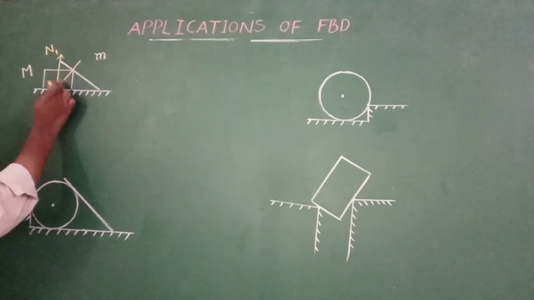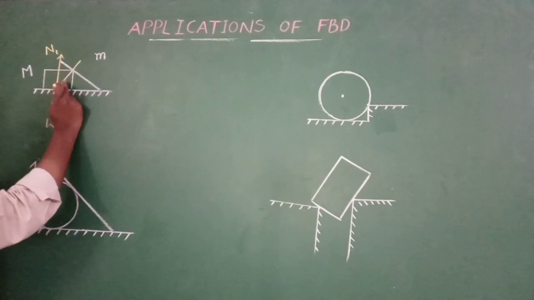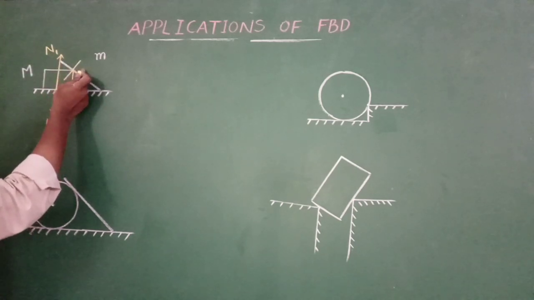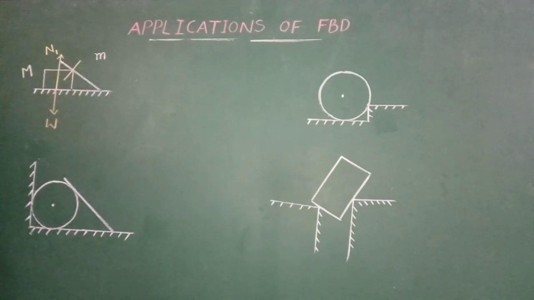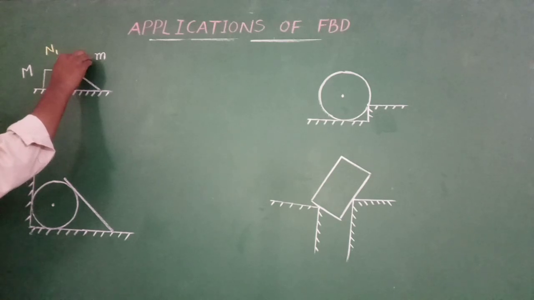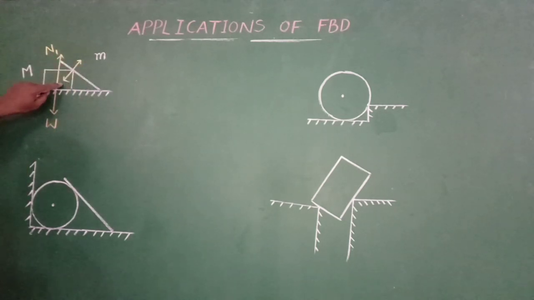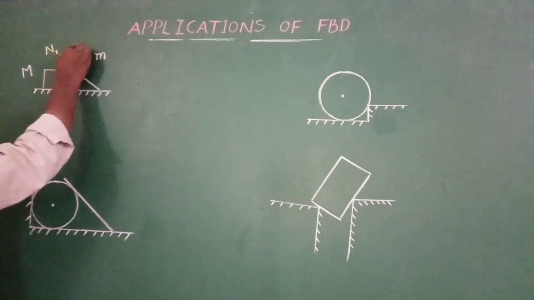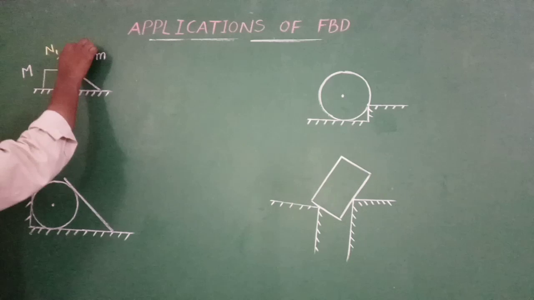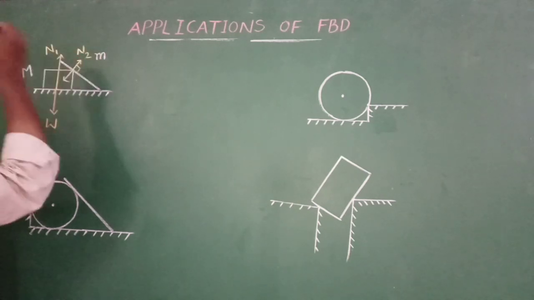For every action there is an equal and opposite reaction. The normal reaction exerted by the block on the rod is equal to the normal reaction exerted by the rod on the block. So these two are acting like this. On the block acting like this, on the rod the normal reaction acts like this. This normal reaction is taken as N2. It makes an angle of 90 degrees with the rod.